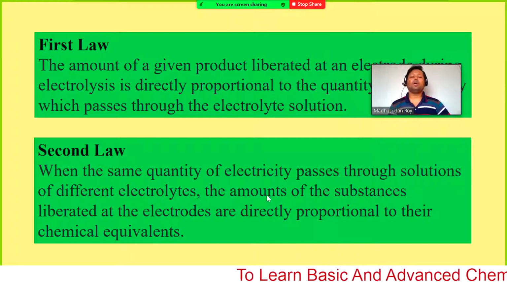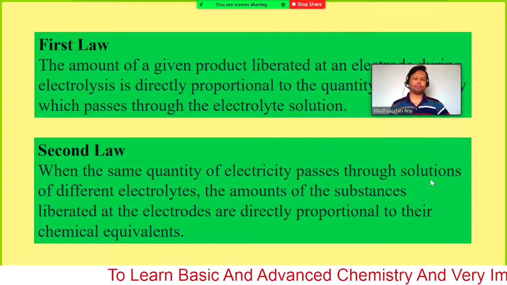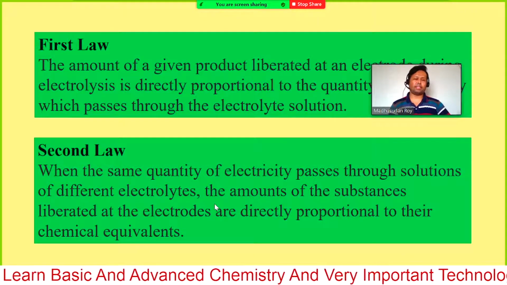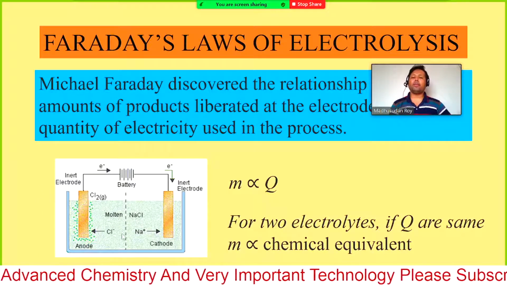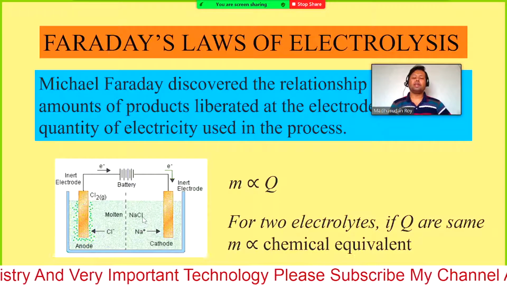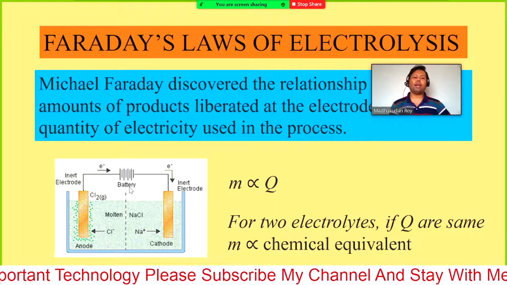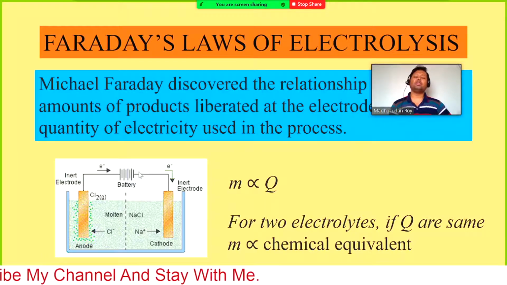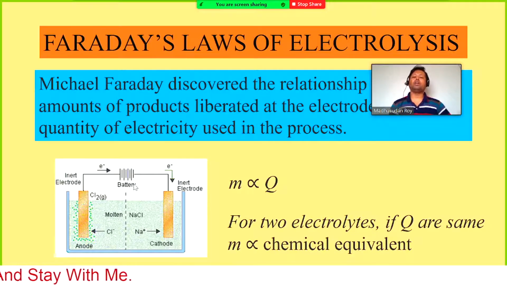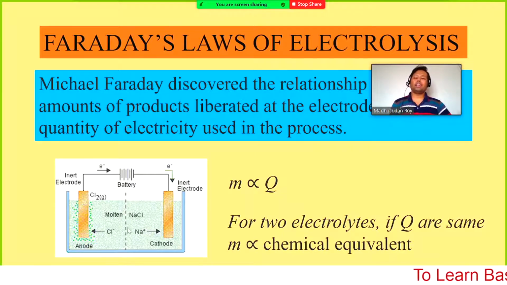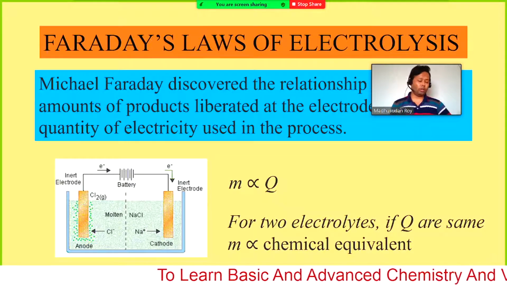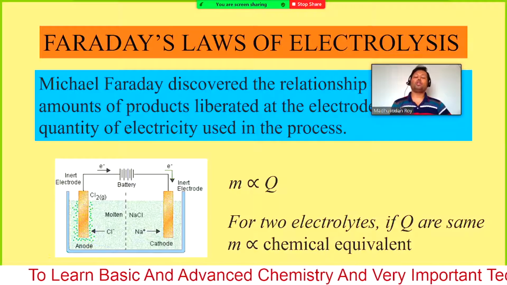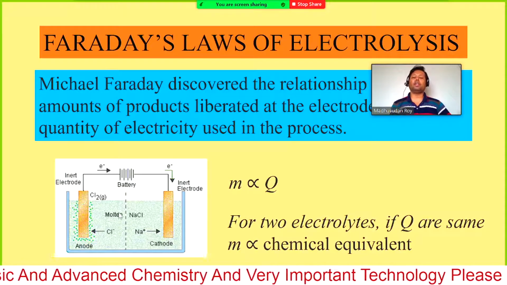When the same quantity of electricity passes through solutions of different electrolytes, I have mentioned that if we have several electrolytes but we want to supply the same electricity, not the same energy, same electricity or same amount of potential difference, in that case the amount of substance liberated at the electrode will be directly related or proportional to the chemical equivalent of that component or electrolyte.